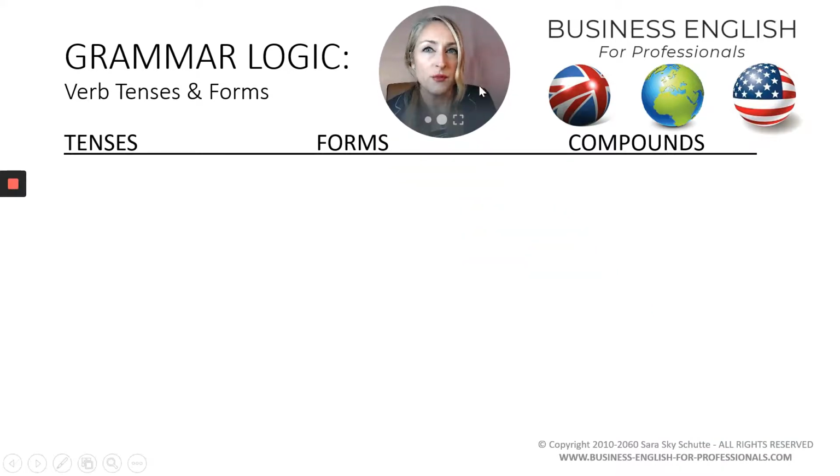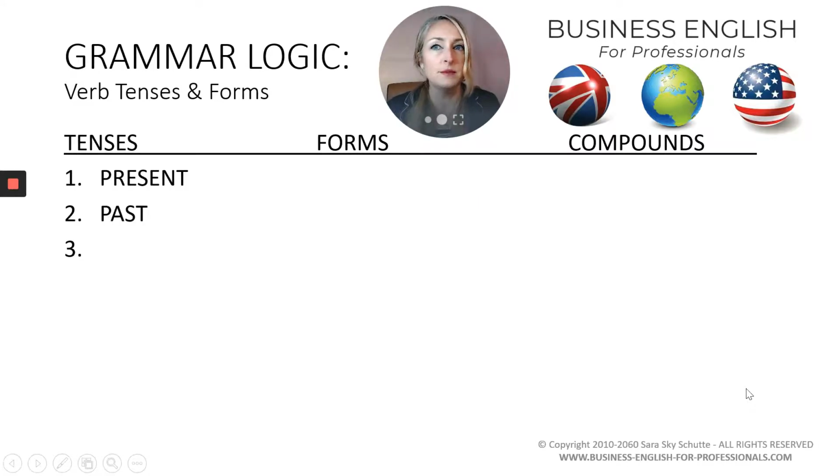We have the tenses, forms, and the compounds. The tenses have to do with the kind of tenses that are in every language. There are 3 of them: the present, right now, the past, and the future. Okay? And those are the main tenses. Now, in English, we have 3 main forms plus the first compound form.